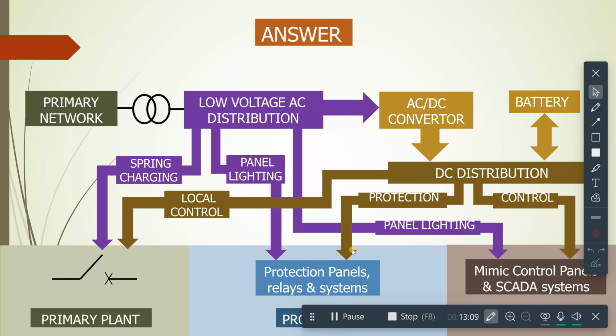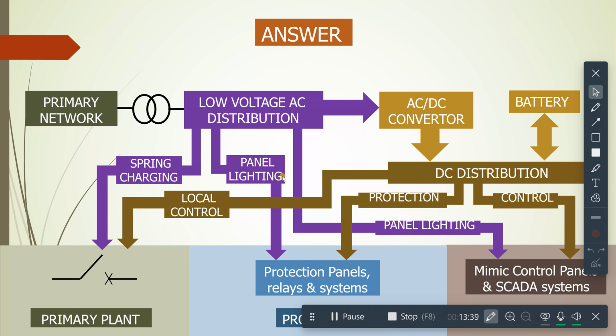Now let's see how the auxiliary system fits together. First, we have the station service transformer connecting the primary voltage, let's say 33 kV, to the low voltage, let's say 400 volts, just as an example. This system then feeds auxiliary supplies including spring charging and panel lighting to the primary plant and protection and control system.